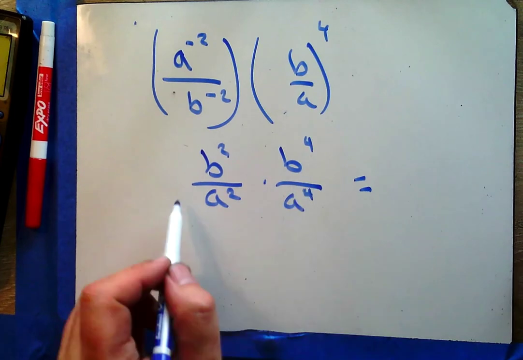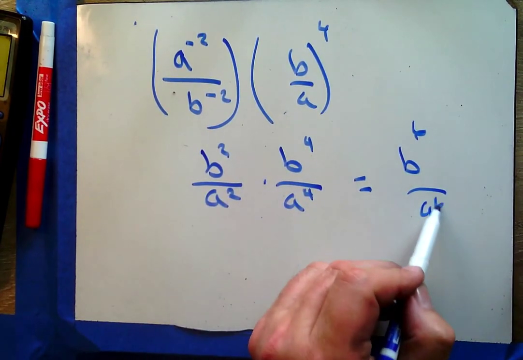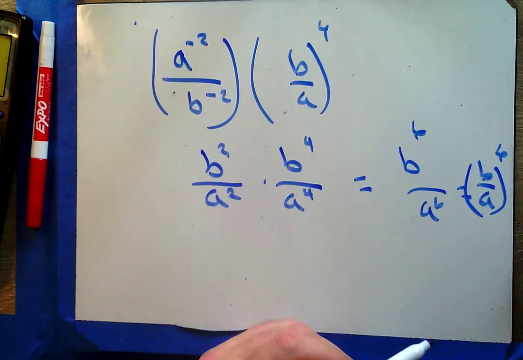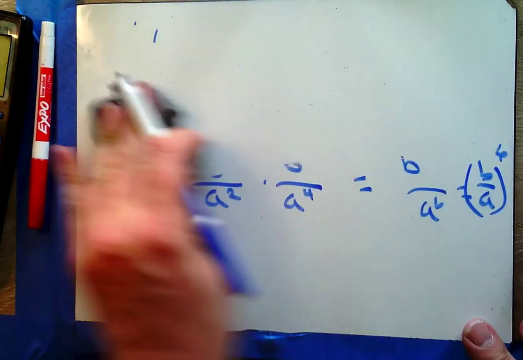And then when you multiplied across, you should end up with b to the sixth over a to the sixth, or b over a to the sixth. Easy peasy.